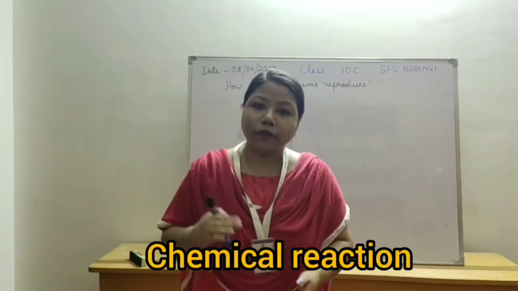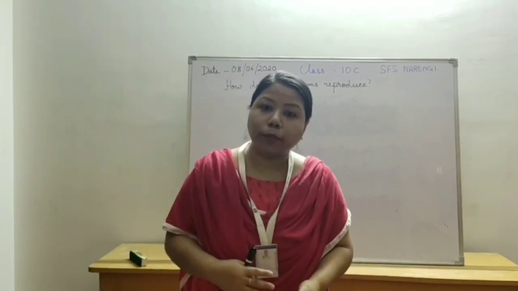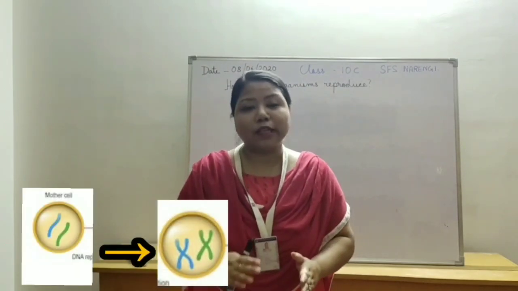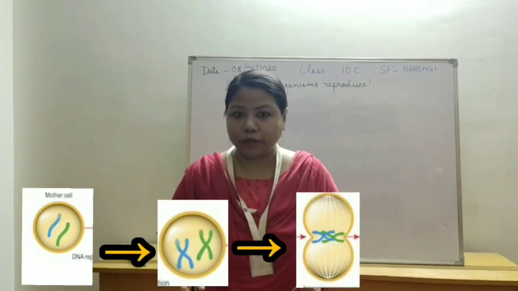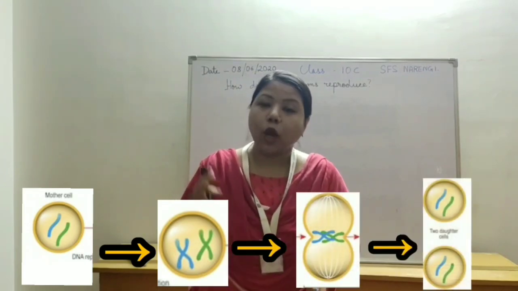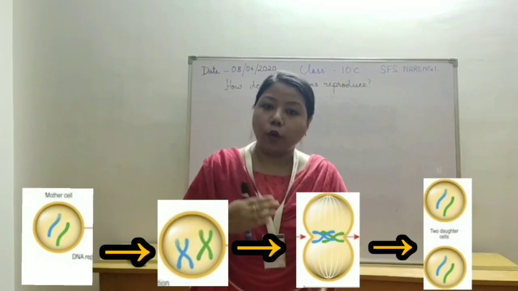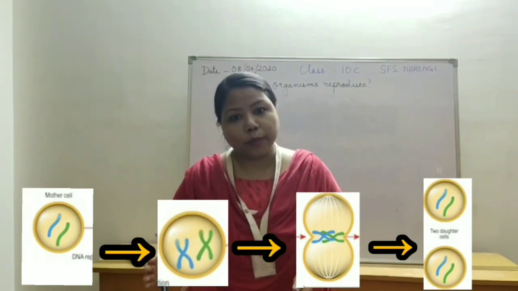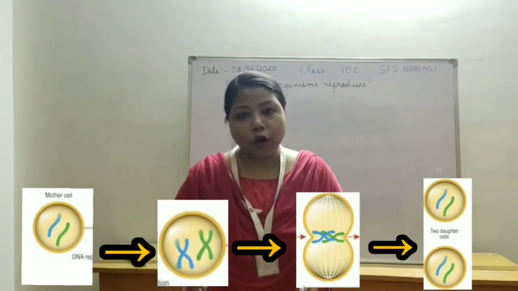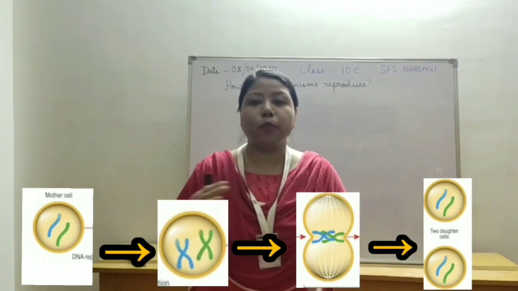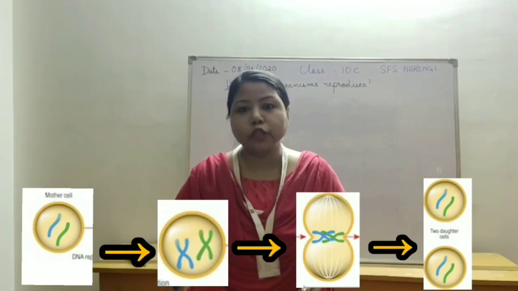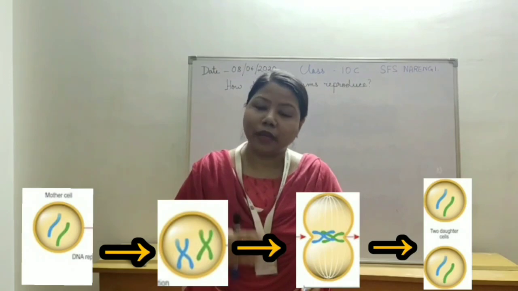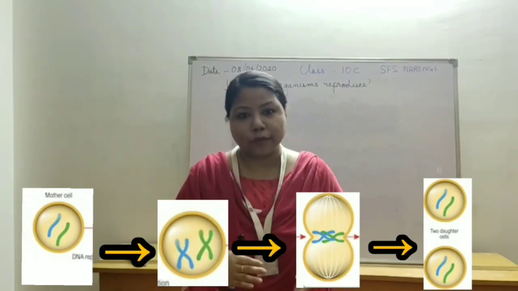So, the chemical reaction creates two copies of the DNA, and now this has to be separated from each other. However, keeping one copy in the original cell and simply pushing out the other copy would not work, because the copy which has been pushed out will not be able to maintain its life, as it does not have any cellular structure.